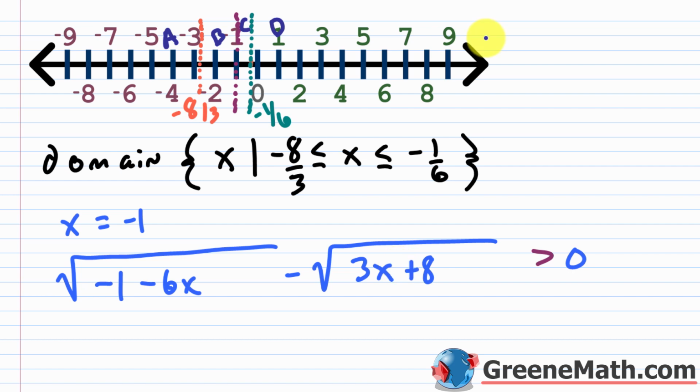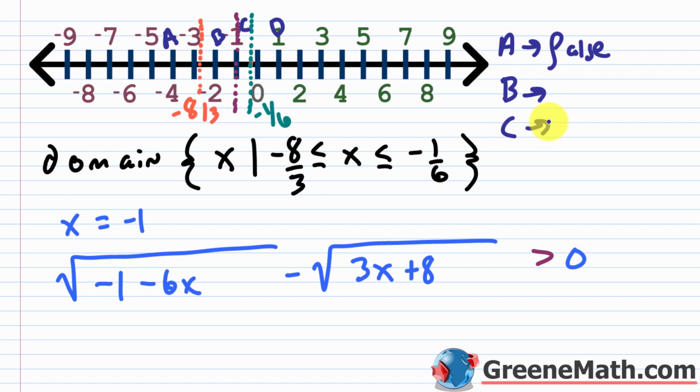So that's automatic reject. So I'll say that A is going to be false, or you could put that you're going to reject it. Now, region B, that's going to be between negative 8/3 and negative 1. Okay, so region B, we have to test that. So we don't know at this point.